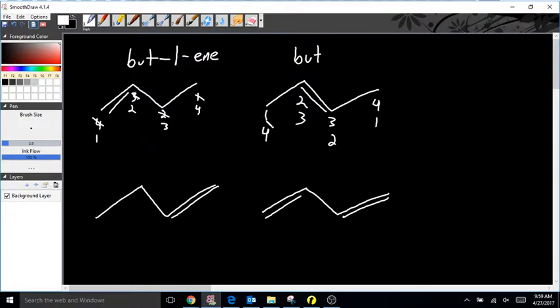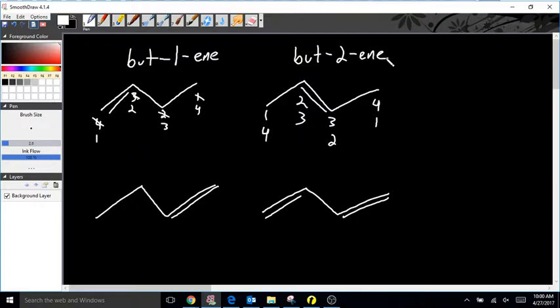If I'm numbering left to right, that double bond starts on carbon number 2, and if I go from right to left, it's still number 2. In this case, it doesn't matter which way I number it. No matter how I number it, that double bond starts on carbon number 2.